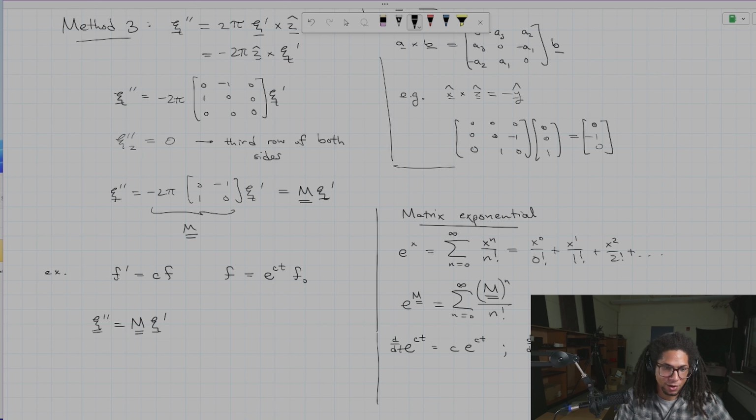So the way that I would solve that is assume a solution c prime, so try c prime is equal to e to the mt times c prime naught.